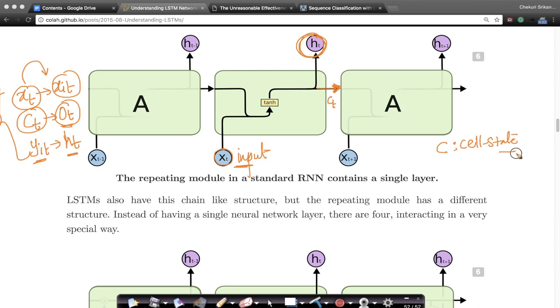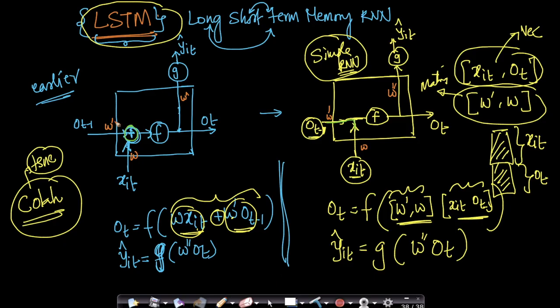We'll see why it's called cell state, because this is the state that is being transferred. Look at this. This is Ct minus 1. This is Ct. This is Ct plus 1. So this is the state of the cell from one time step to another. So each of these units is called a cell, what we call one activation unit.